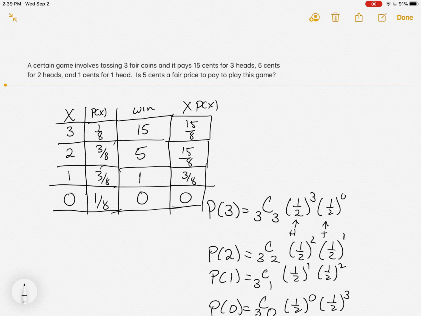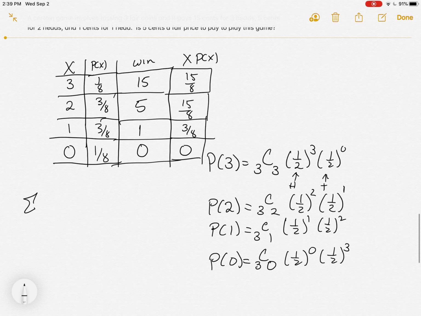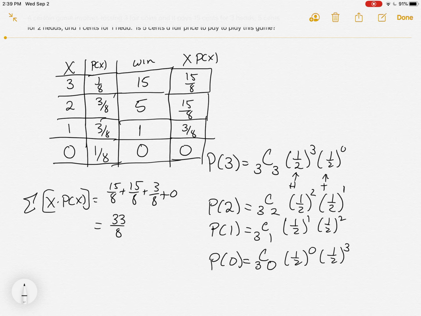And so what do we have to do? All we have to do to finish out is to take the sum of the x times the p of x's. That will give us the expected winnings, and then we'll compare that. So that's 15/8 plus 15/8 plus 3/8. Well, that's 33/8. I'll put the plus 0 for emphasis. 33 divided by 8 is 4.125.